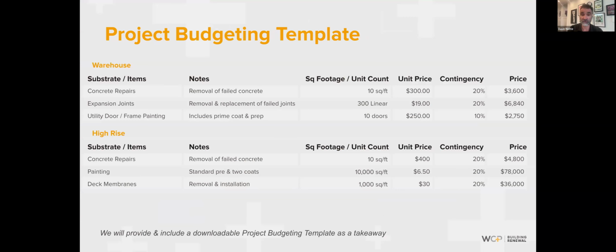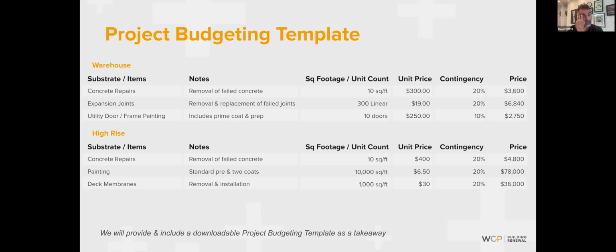Then you're going to have your square footage or your unit count. Again, we're going to give you a tool to do that online from your desk. And then the most important thing is the actual unit pricing. There are drop-down menus that give you options for scenarios, and then a contingency to build into your price, 10 or 20%, depending on how difficult, challenging, or unknown the circumstances are on the job.